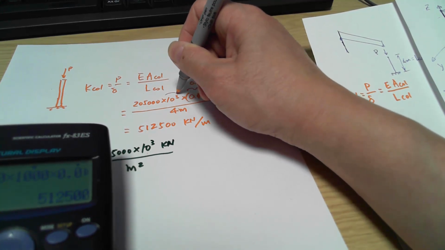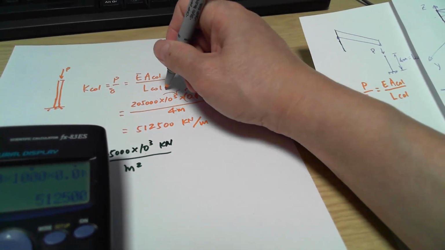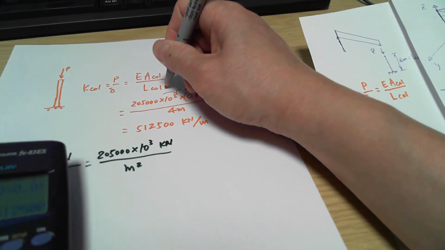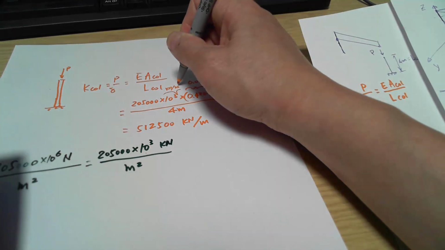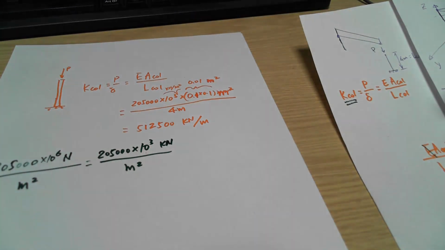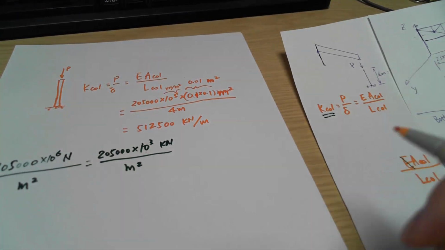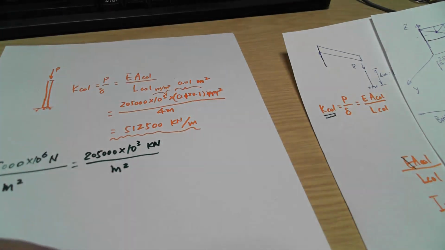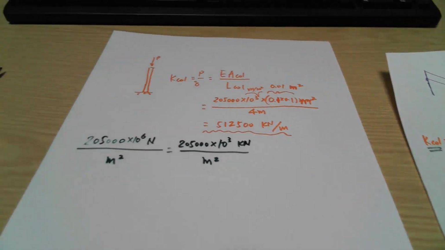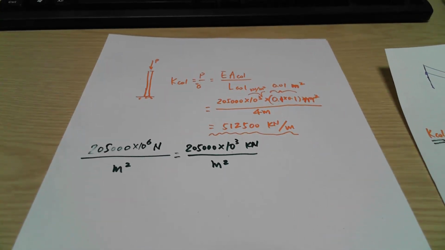We should put it here, kilonewton per meter square. So that's what we should have. This is the stiffness K we should put into the model, and then we should have exactly the same height of the structure.